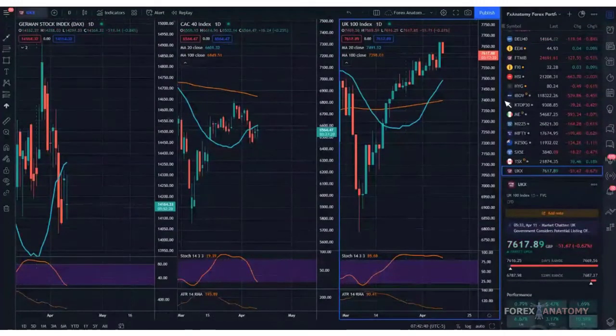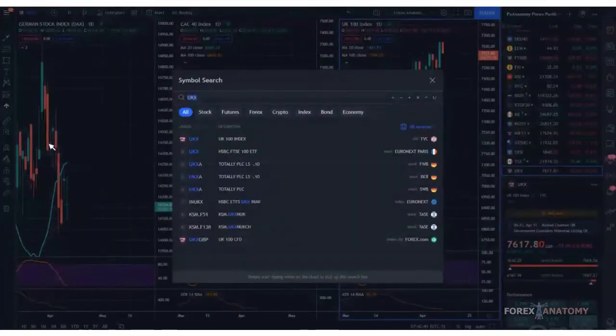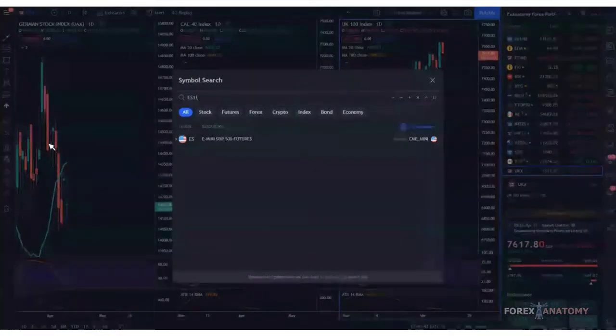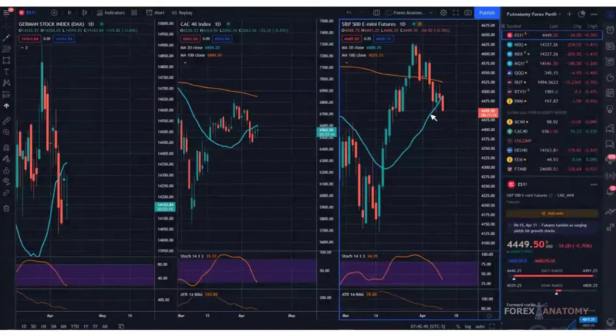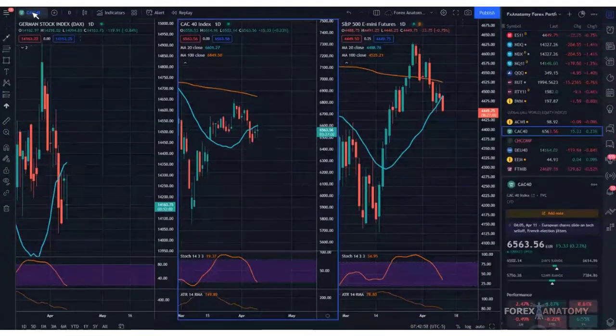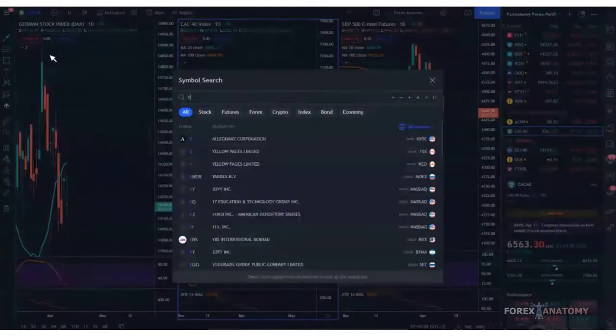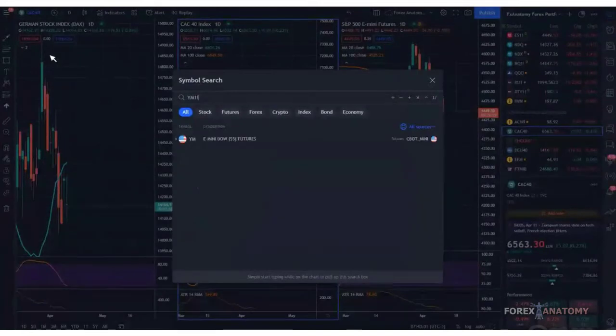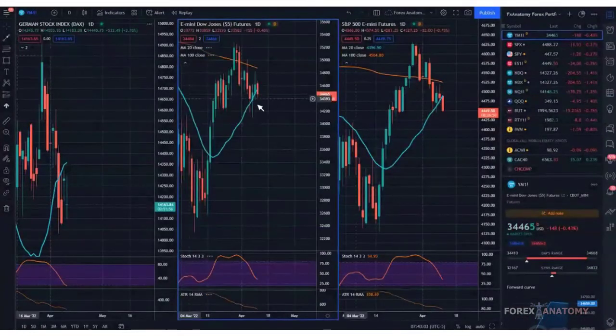Right now, let's move to US futures. I'm just going to go through this quick. Okay, right here we see, I did this good. US futures, we can see that it's trading to the downside. S&P futures, E-mini futures are selling off. Let's go to the Dow E-mini futures right here, and we can see the same thing.